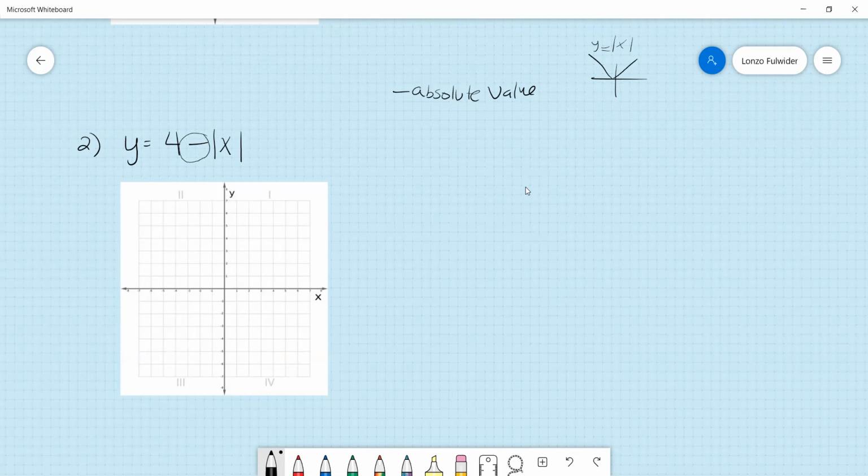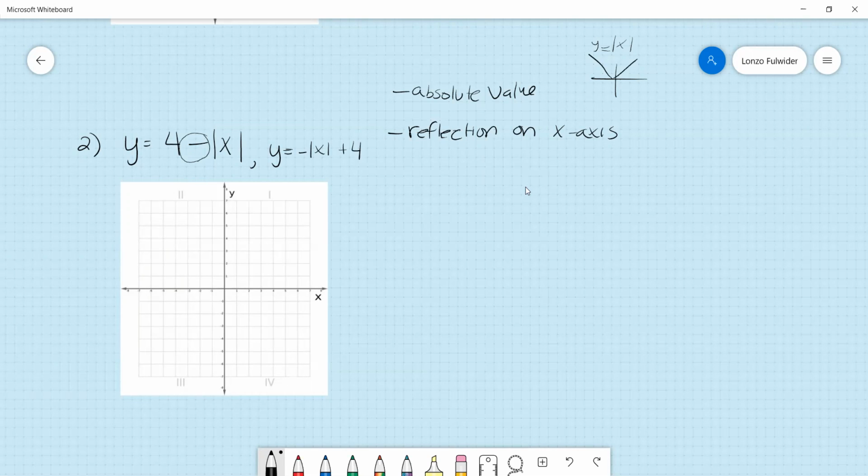That means we have a reflection on the x-axis. And then what about this 4? That's a positive 4. If it makes it easier, you can rewrite this as y equals negative absolute value of x plus 4.